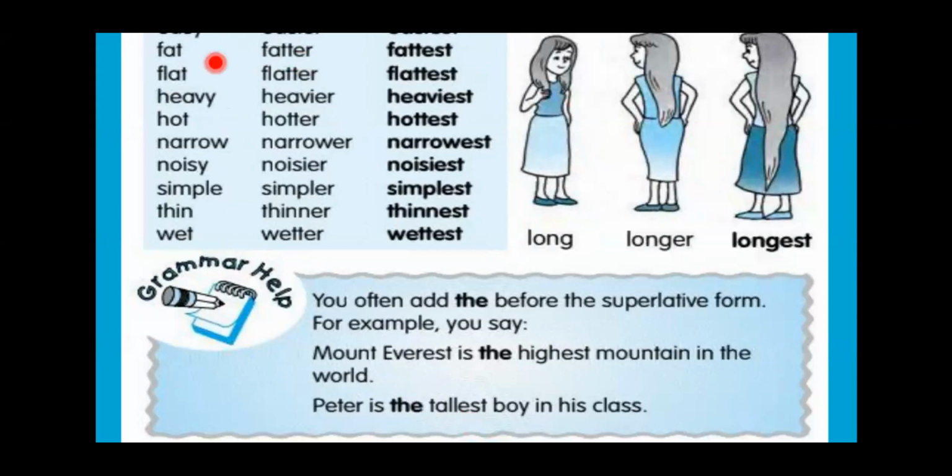Now see over here: fat, fatter, fattest; flat, flatter, flattest; heavy, heavier, heaviest; hot, hotter, hottest. So what is the common thing that we notice over here? For the comparative form, we add er, and for the superlative form, we add est.